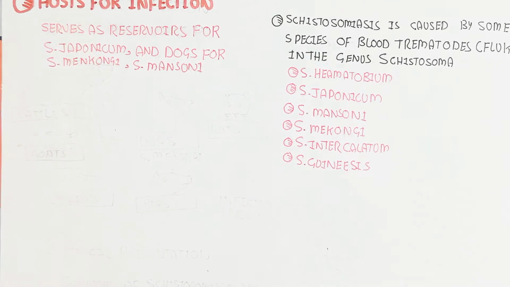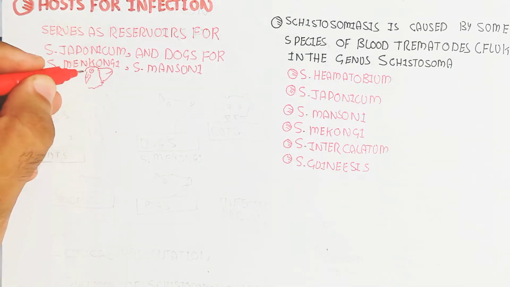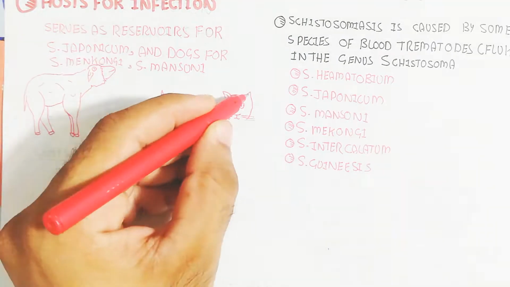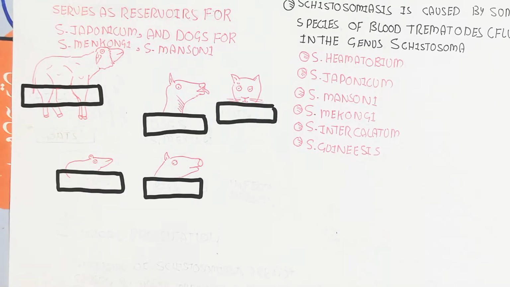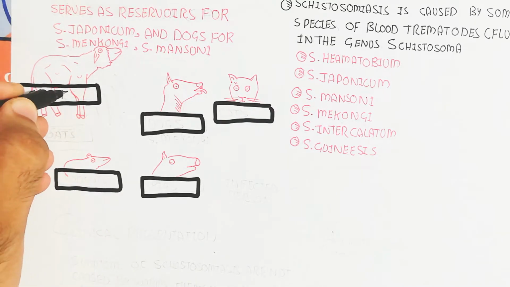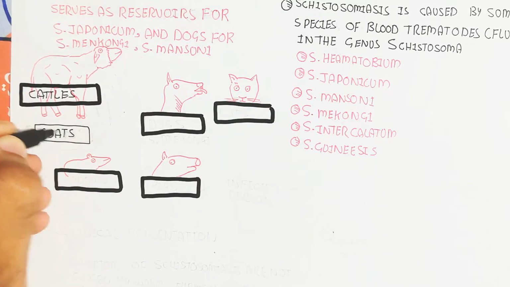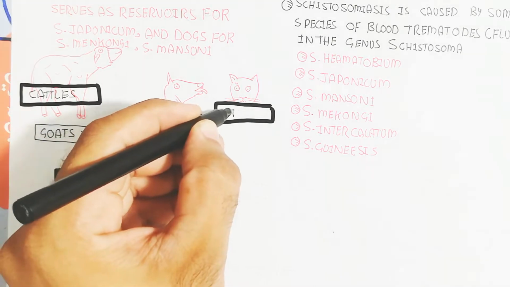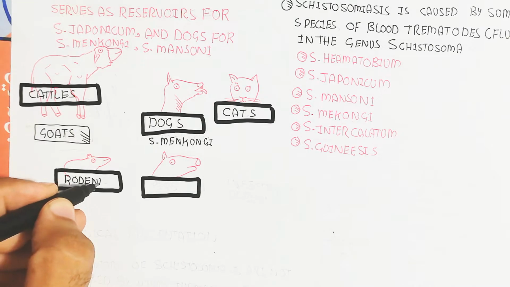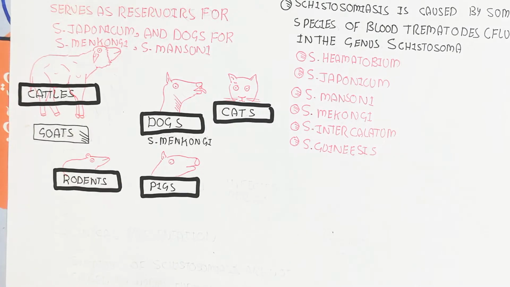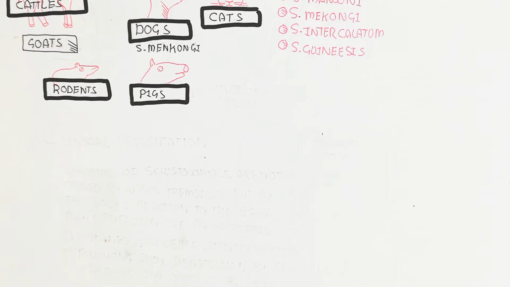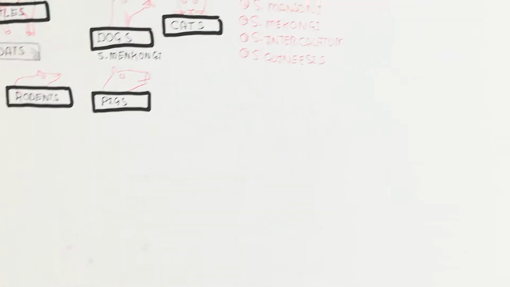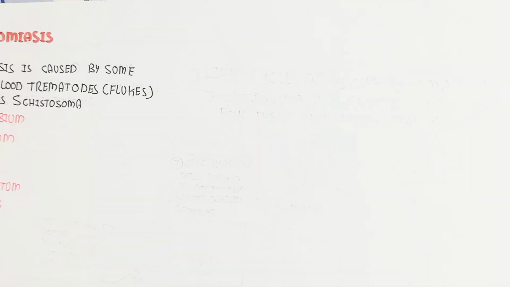Several mammals are involved, for example cattle, dogs, cats, goats, rodents, and pigs. They are all animals involved in completing the life cycle of Schistosoma species.